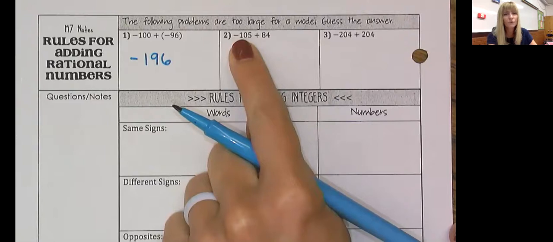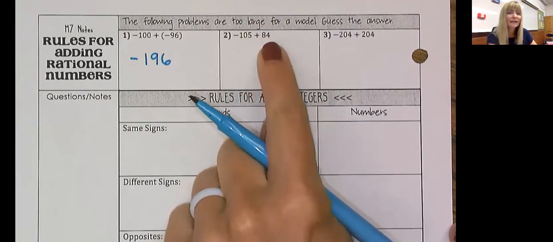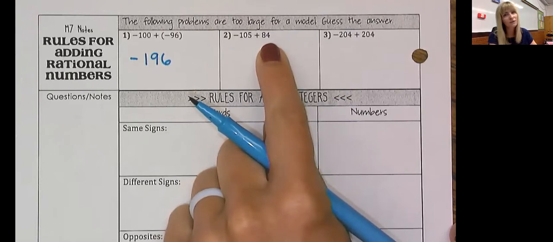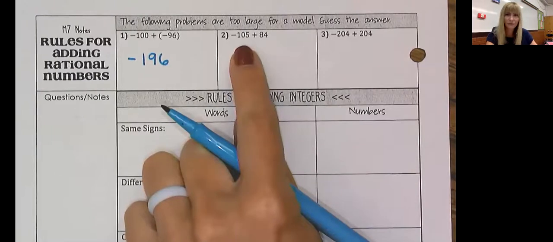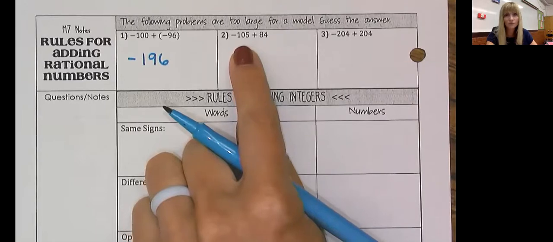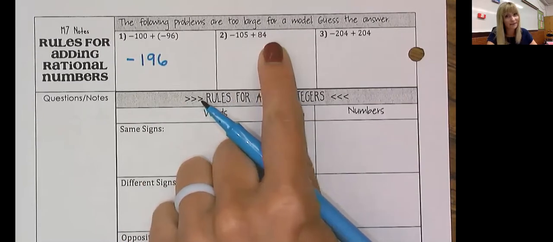If I drew 105 negative tiles and I drew 84 positive tiles, I don't necessarily have to draw it to imagine what's going to happen. How many zero pairs am I going to have? How many values are going to cancel out? Are 105 of them going to cancel out? Or are 84 of them going to cancel out?